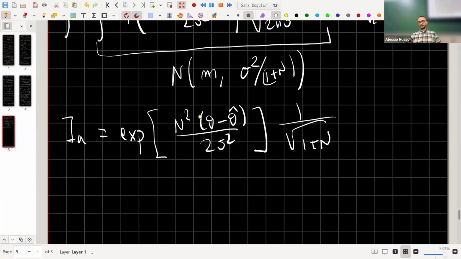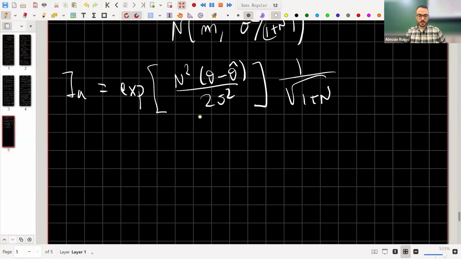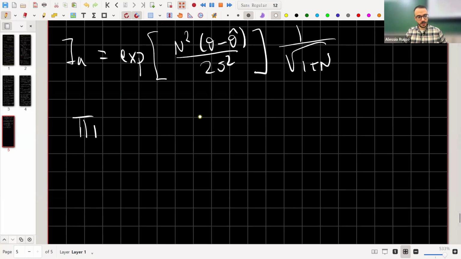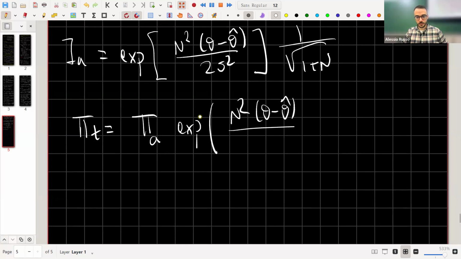Yeah. So I didn't write all the subscripts because otherwise it will be too cumbersome. But these are all theta a, theta hat at, and n at. Yeah, I think we didn't lose anything during the process. So MT, it's the product of these quantities. Oh yes, we lost the 1 plus n here.